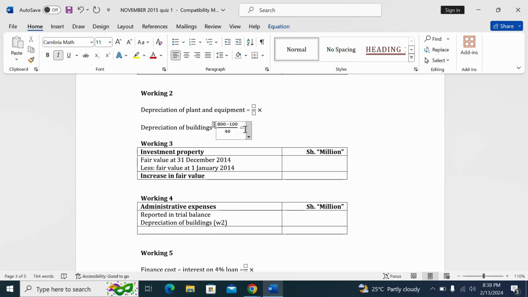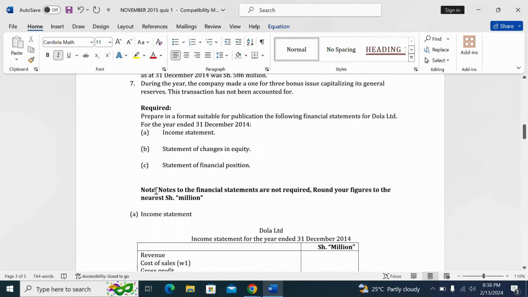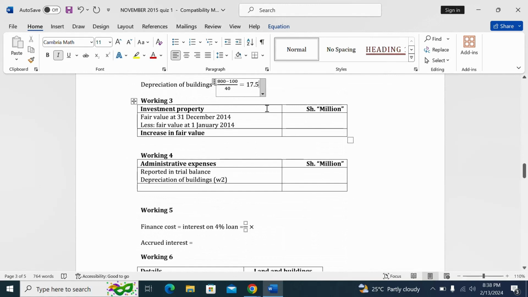You are getting 17.5. But remember, you are told notes to the financial statements are not required. Round your figures to the nearest shillings million. Therefore, we are going to round this figure to the nearest shillings million, which you get 18 million.